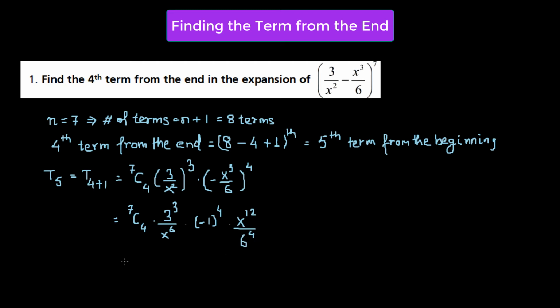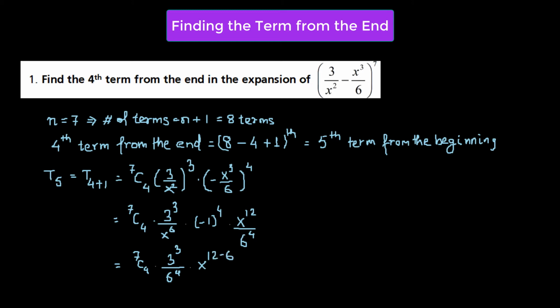So we take all the constants and write them together. So we have 7C4 times 3 raised to the power of 3 divided by 6 raised to the power of 4. Now negative 1 raised to the power of 4 is positive 1. And then we have x raised to the power of 12 minus 6.